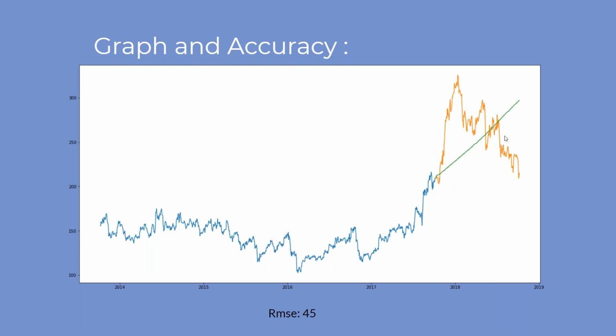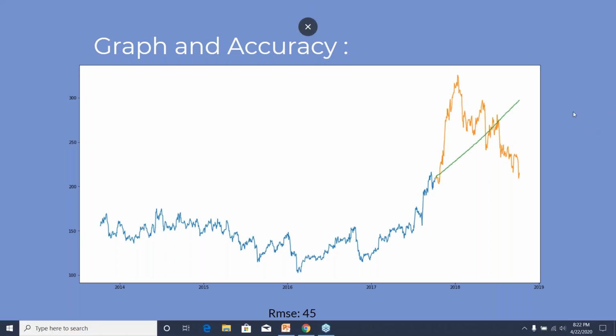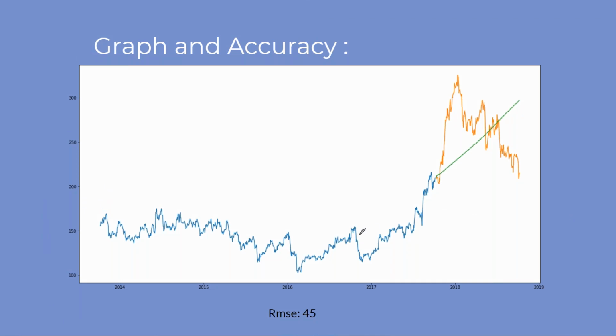Wait, what's a trend in the graph? Whenever we are using time series modeling, we use two terms for the graph, and those are seasonality and trend. So what's a trend and what's a seasonality? Trend is the major changes in the graph and seasonality is the small changes in the graph. If we have a close look at this graph, there are many minute changes in the graph, right?